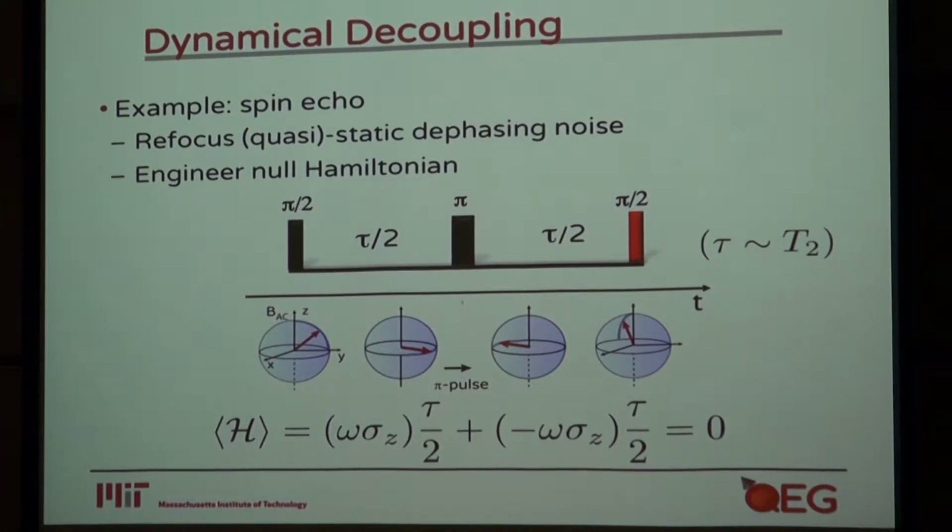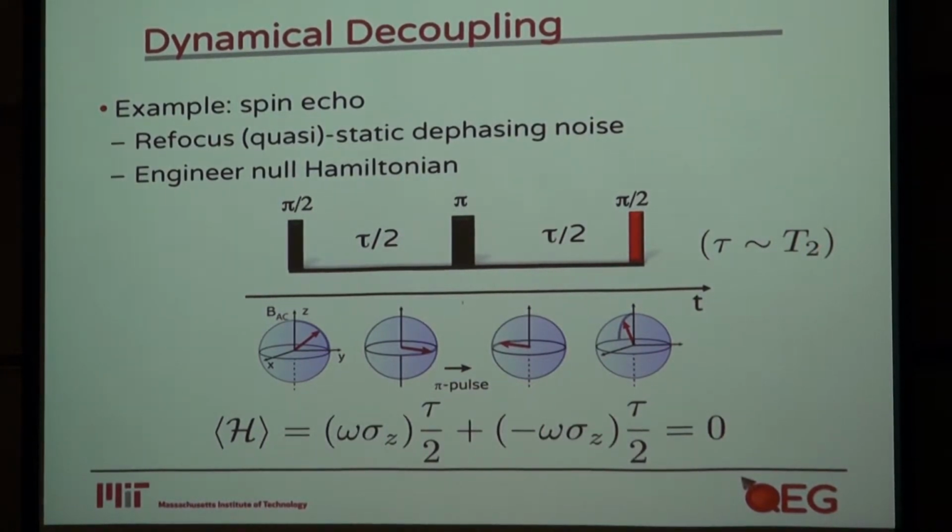And how can we do this? It's relatively simple. This has been taught to us by Erwin Hahn back in 1950. You can use a very simple sequence, which is called the spin echo. You let your system evolve for some time, and then you invert the sign of this evolution.